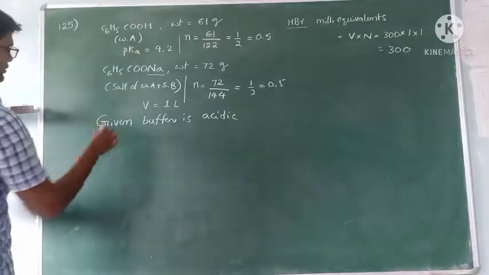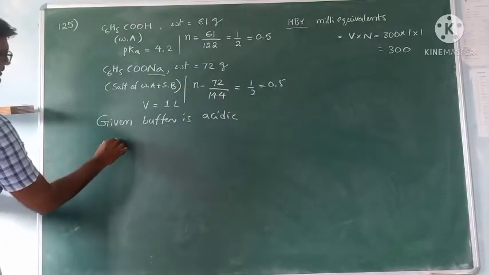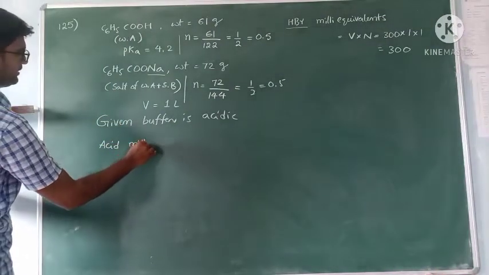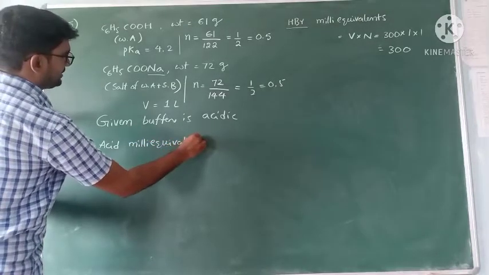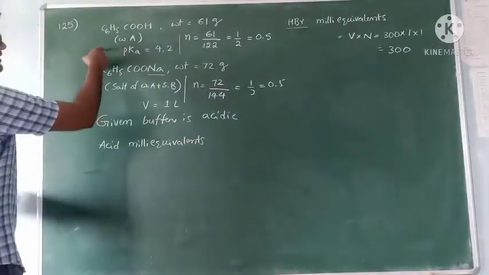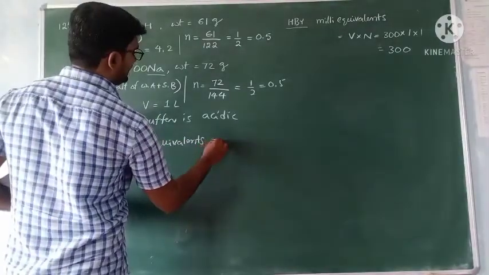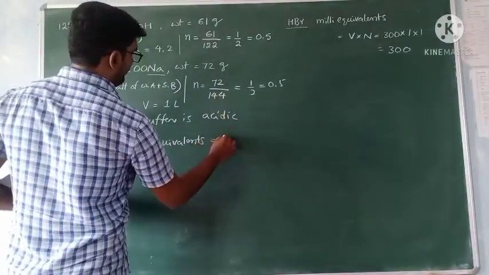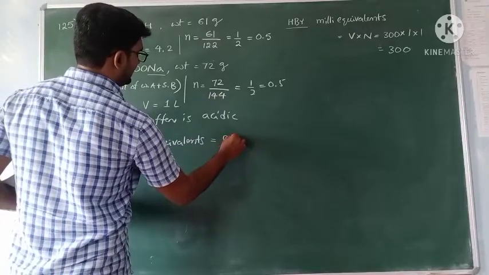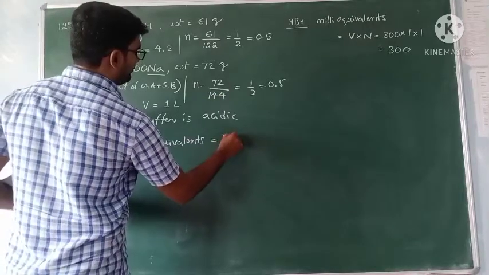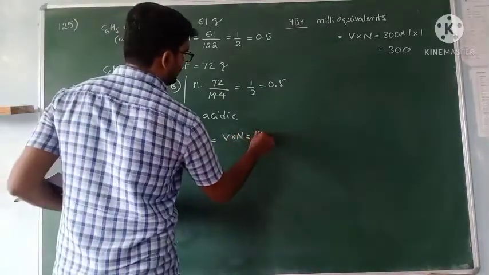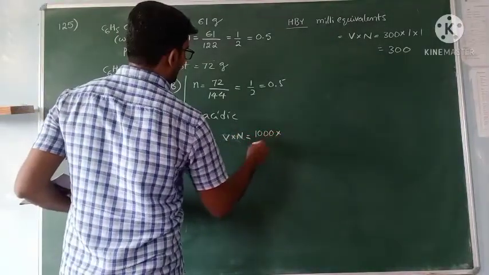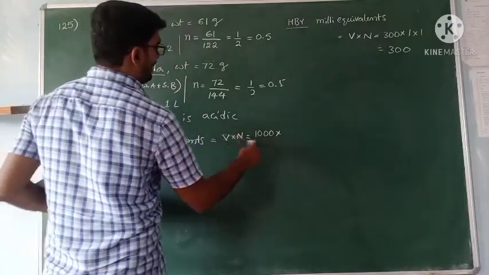Now calculate first the acid milli-equivalents. Milli-equivalents is V into N. Volume 1 liter is given, 1 liter means 1000 ml, into normality, which means molarity into N factor.